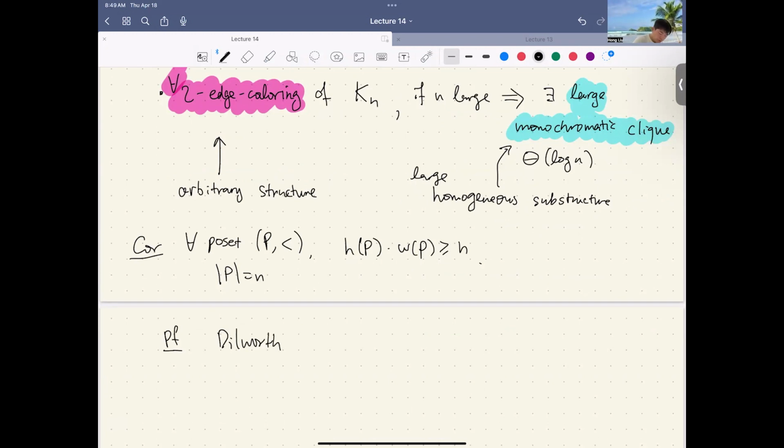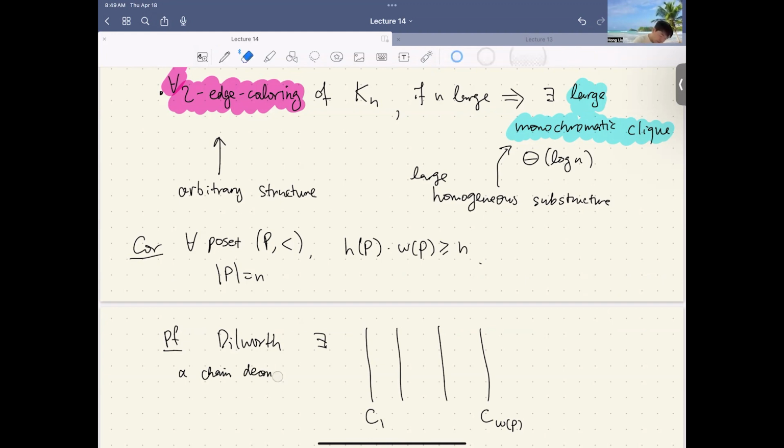By Dilworth, we know there exists a chain decomposition C1 through C_w, of size equal to the largest anti-chain, which is the width of the poset.